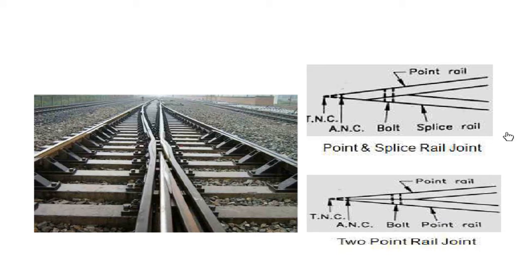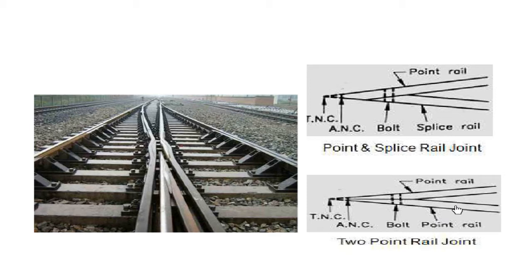This is the point and splice rail joint. That is, one rail will be coming like this and the other will be joined to this. This rail is known as the point rail and this is known as the splice rail. If both the rails are of the same type, coming and joined like this, there is no difference between this and this, so this can be called the point rail.